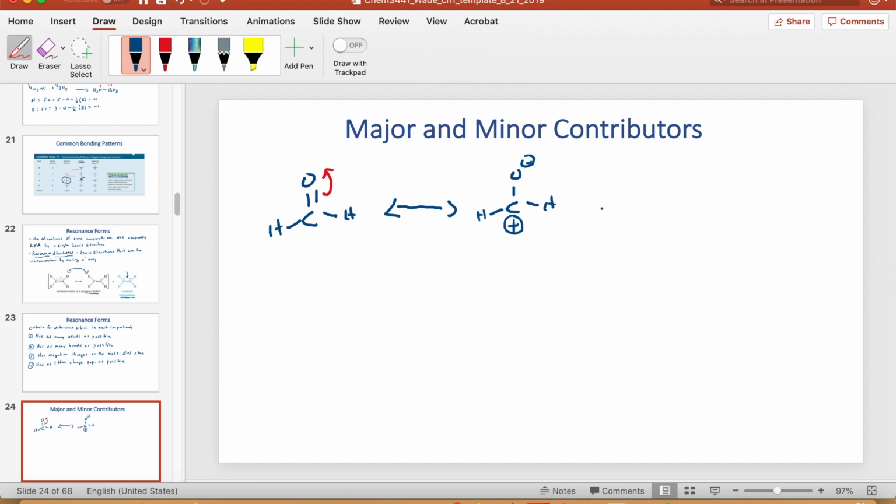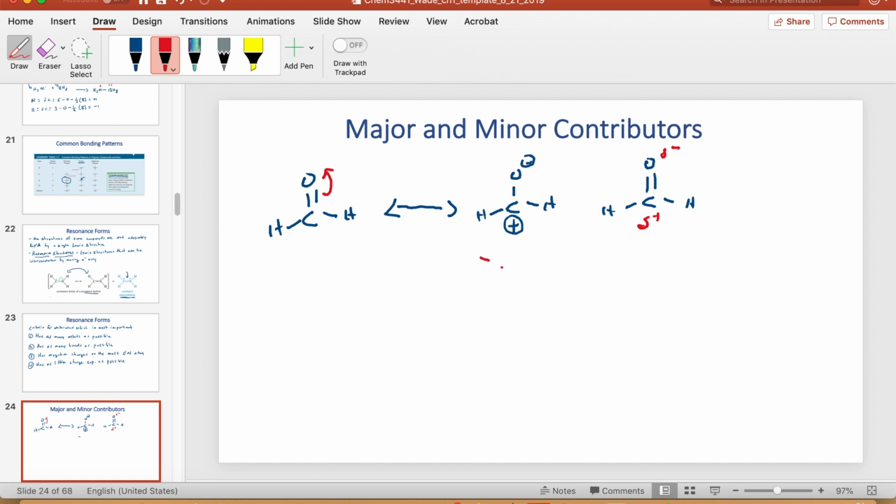The one that we really consider most is, in fact, this guy over here. But this one allows us now to include dipoles, right? So this one would have a partial positive charge, and this one would have a partial negative charge based off of this resonance structure here.